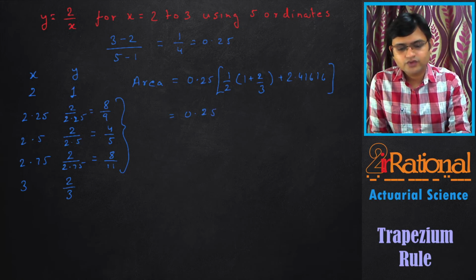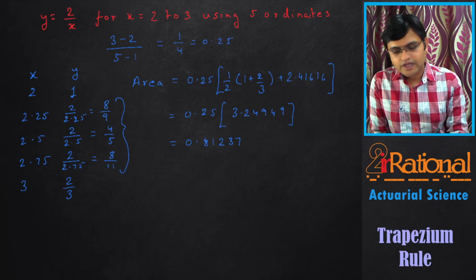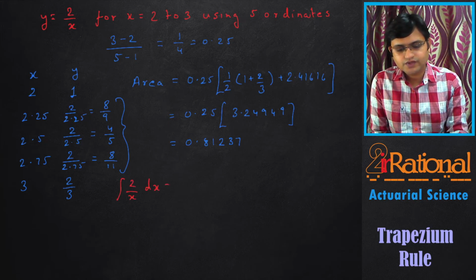That is 0.25 into 3.24949, which gives us 0.81237. The actual integration here, the integral of 2/x dx, would give me 2 log x, and the limits would be 2 to 3.